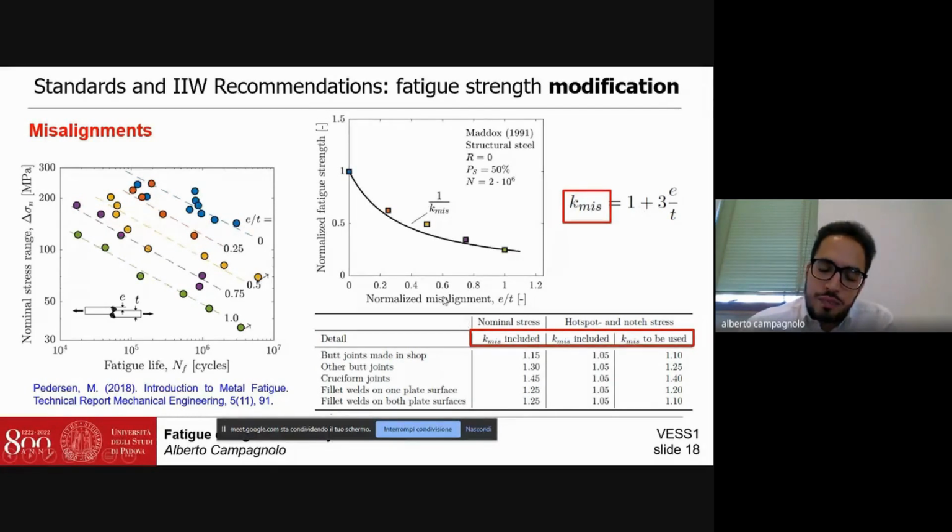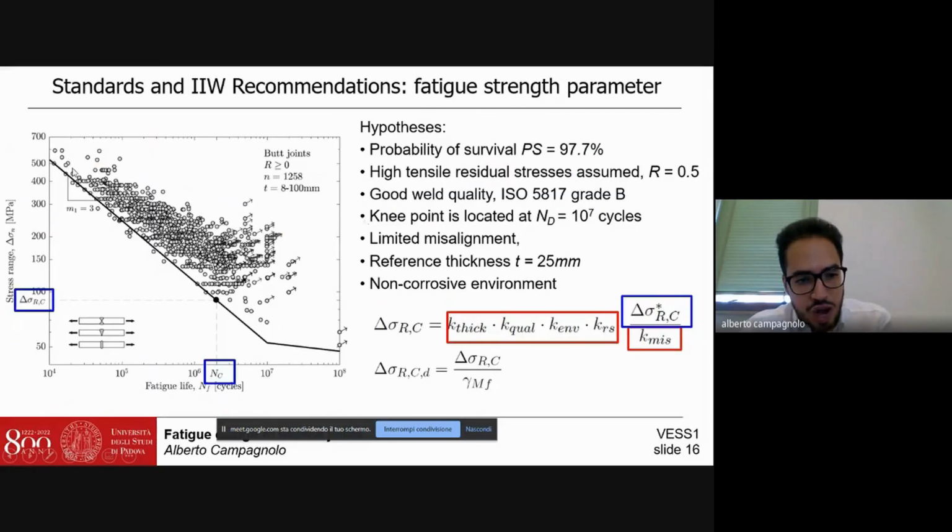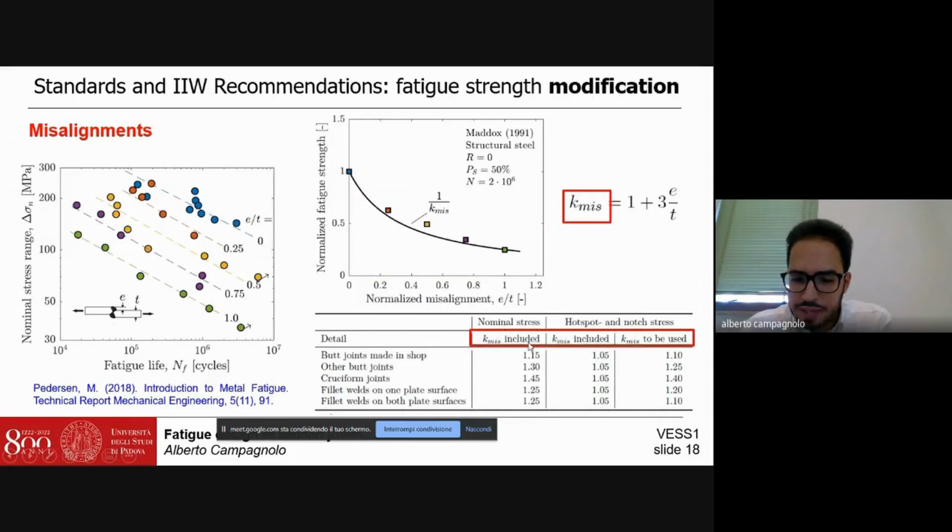However, we have to say also that the fatigue strength category and the fatigue strength curve reported in standards and recommendations already include reference misalignments, since the experimental fatigue results used to fit this curve already include misalignments and offset of the tested plates. Therefore, in this table, we can see that factor K misalignments is already included in the curve.